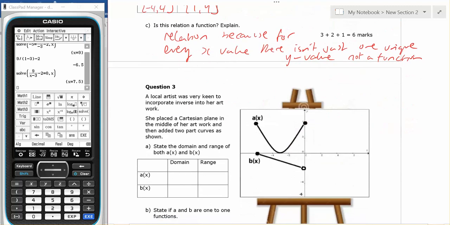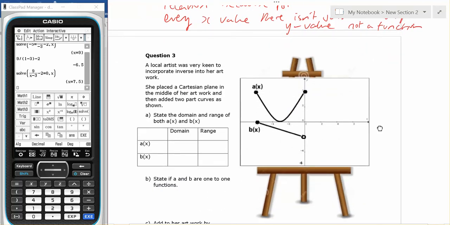Okay, question 3. We've got an artist's impression of a graph. Okay, and we want to state the domain and range of both A and B. A would be between, okay, it's hard to read, that's -5, and that's 4, I believe. Okay, so it'll be -5 to 0 for A. The range would be from 0 to 4.